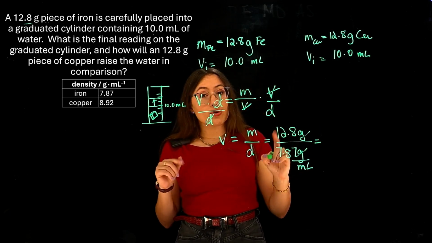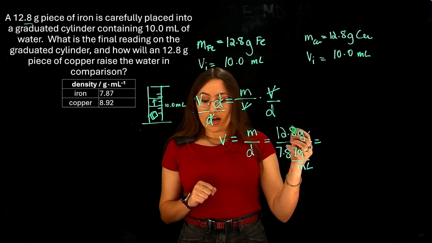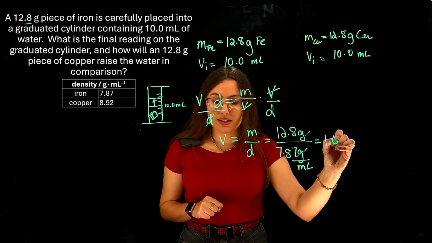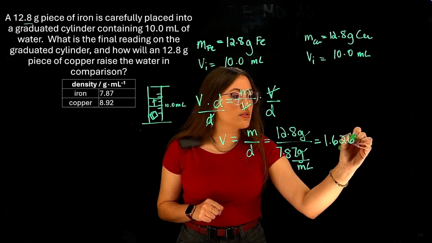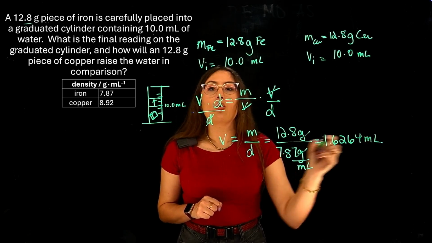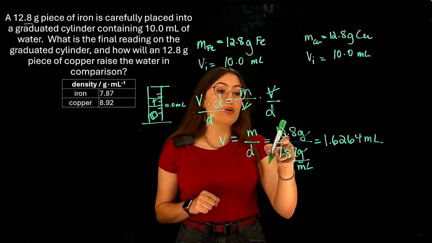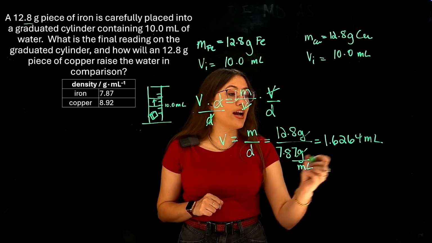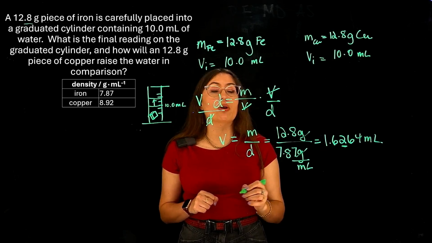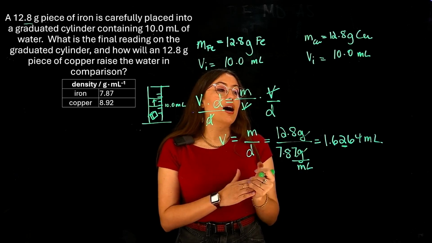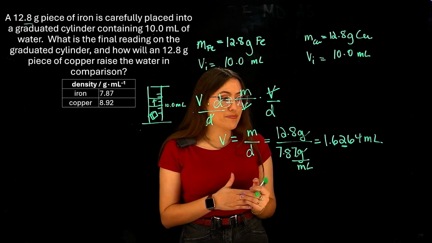Make sure you review those types of relationships. This will be equal to 1.6264 milliliters. We have to consider how many significant figures should be reported. We had 3 significant figures for a measured value, so only 3 of these figures will be significant.